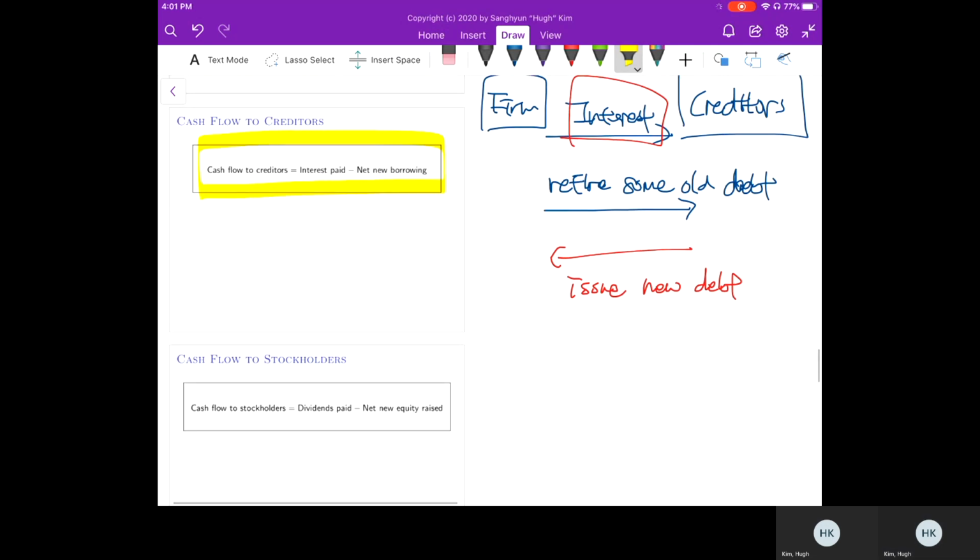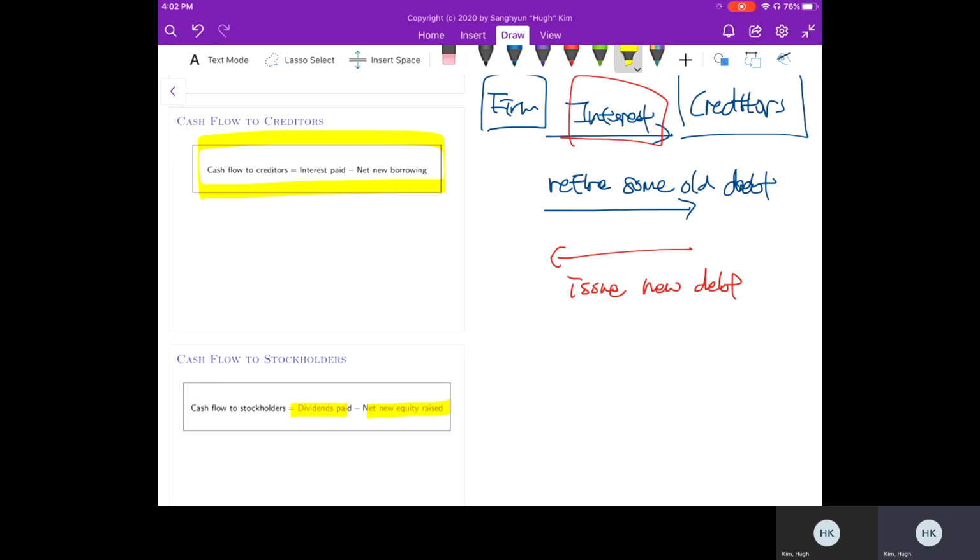Similarly, cash flow to stockholders is defined in a very similar way. You can replace interest paid with dividends paid and net new borrowing with net new equity raised. Then you have cash flow to stockholders.